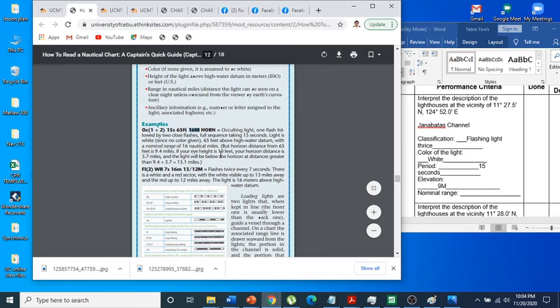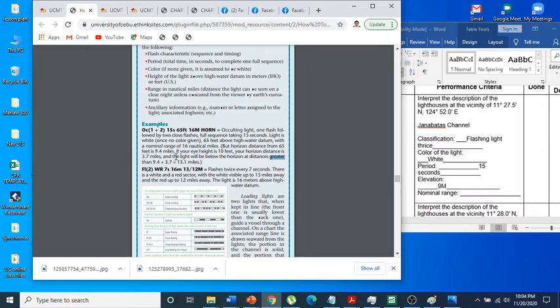So this is just the calculation, some add-ons. The horizontal distance from 65 feet is 9.7. If your eye is 10 feet, your horizontal distance is 3.7, and the light below the horizon at a distance greater than 9.4 plus 3.7 equals 13.11 miles.